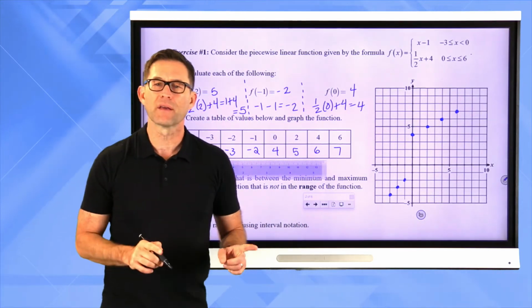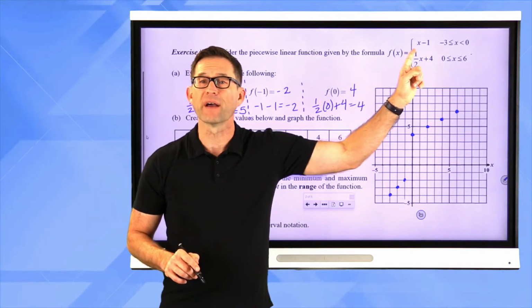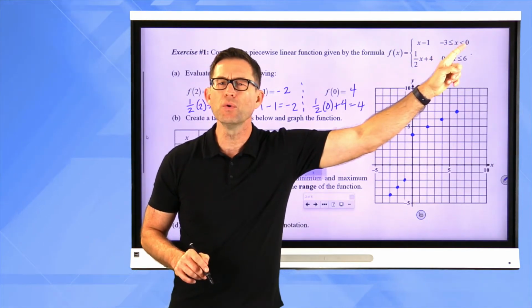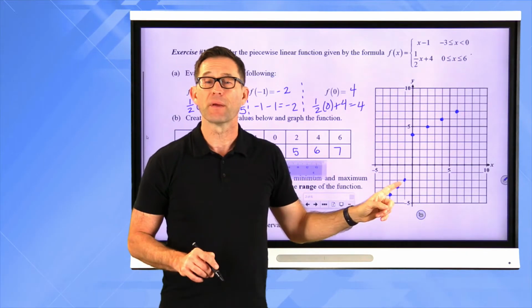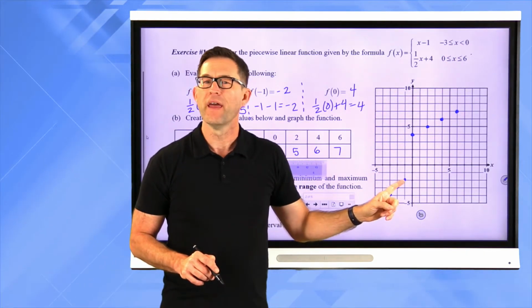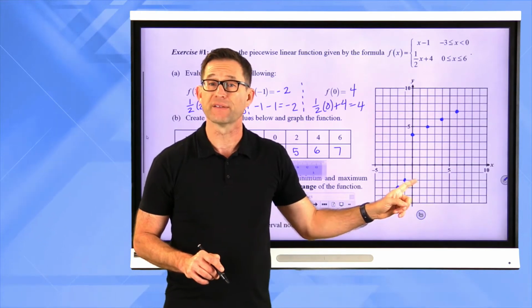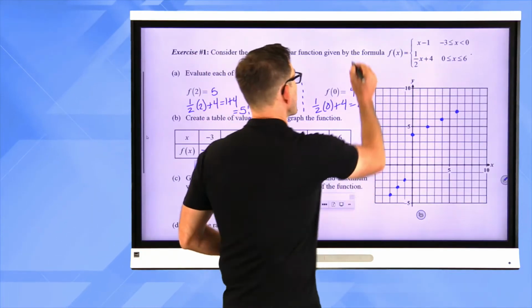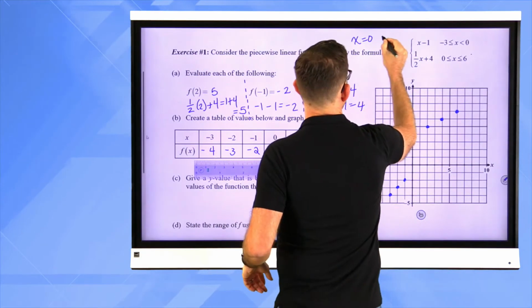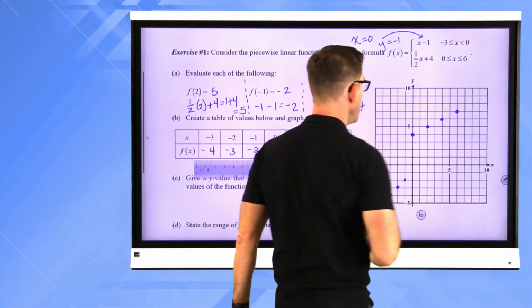Now, one last thing to consider is that this formula applies for all values of x all the way up to 0, but not including 0. Now, you might say, well, I did that because I took it all the way up to -1, except there are even x values between x equals -1 and x equals 0. For the moment, if I put x equals 0 into this formula, I will get y equals -1.